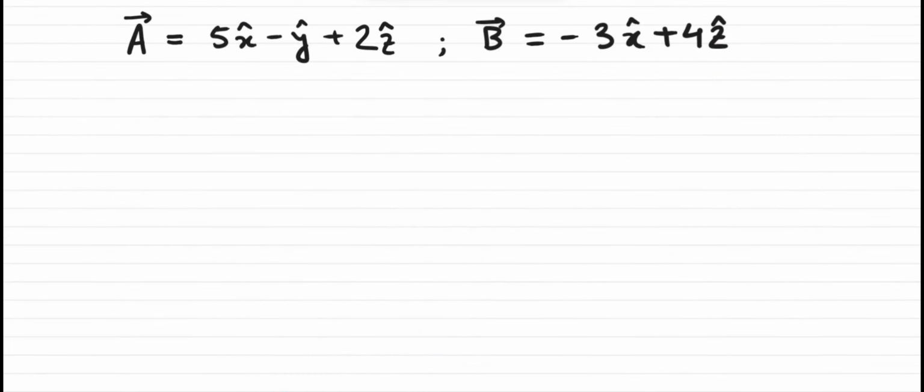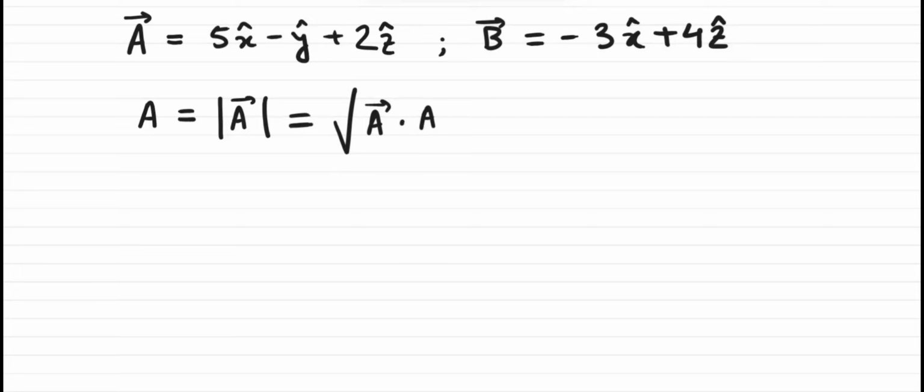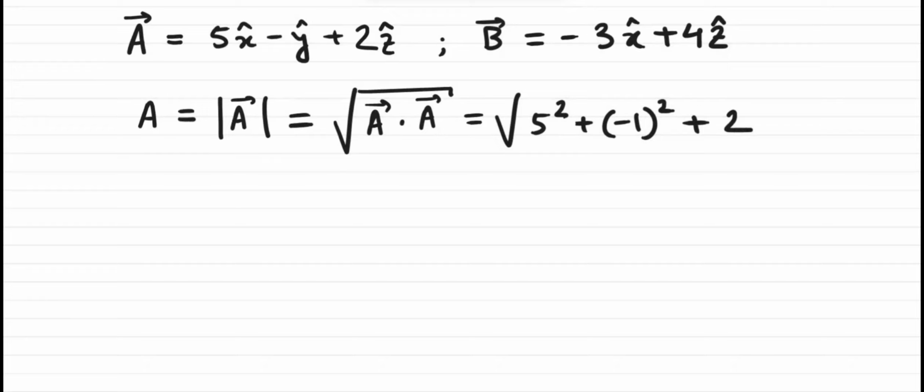So here we have the A vector and B vector. The magnitude of the A vector is the square root of A dot A, and this is simply the square root of 5 squared plus negative 1 squared plus 2 squared.